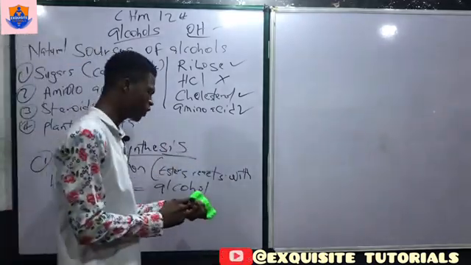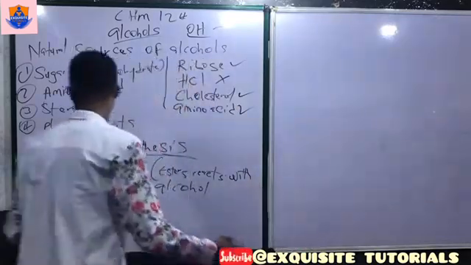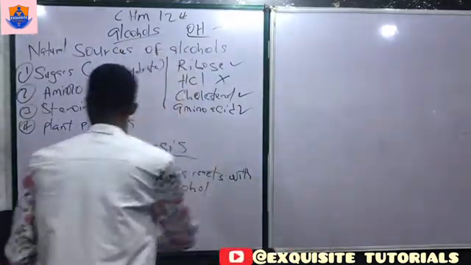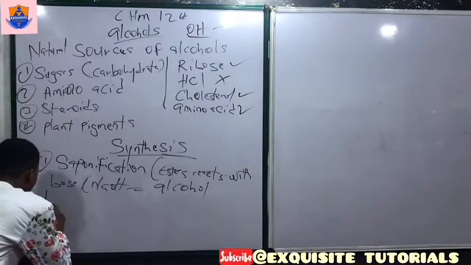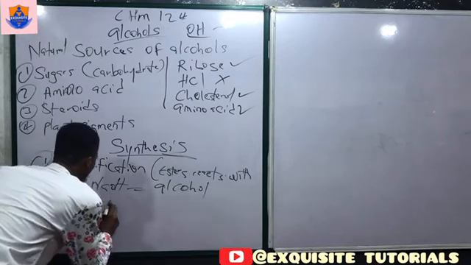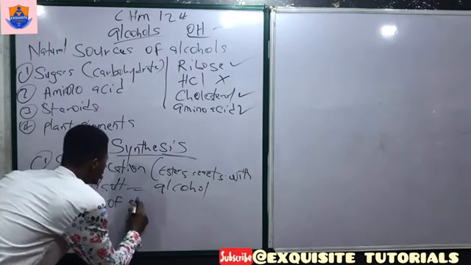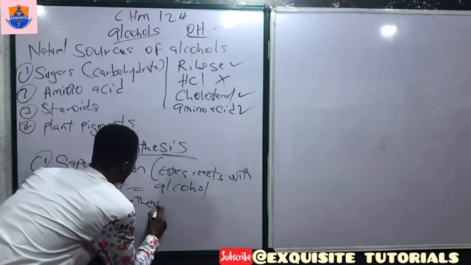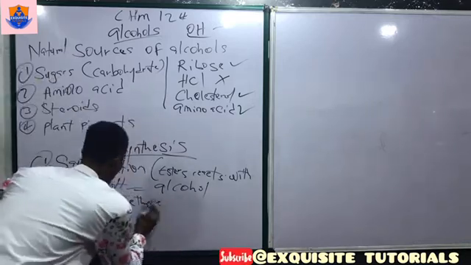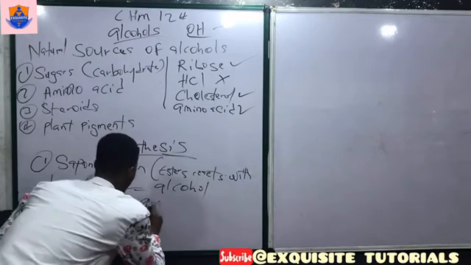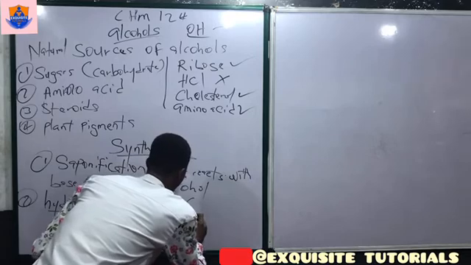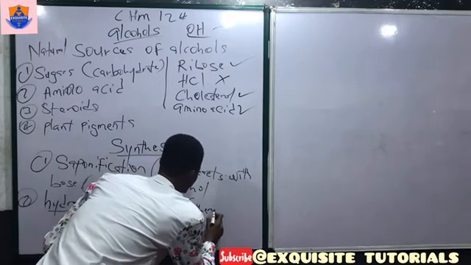And another way of getting alcohol too is the hydration of ethene. Now, when we talk about hydration of alkene, ethene is an example of an alkene.